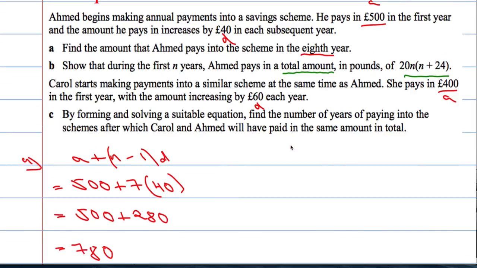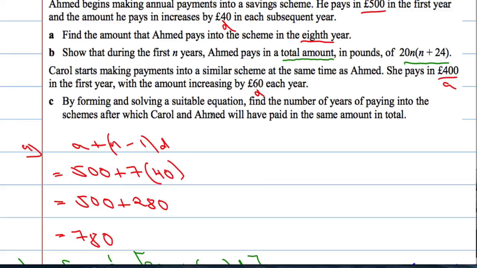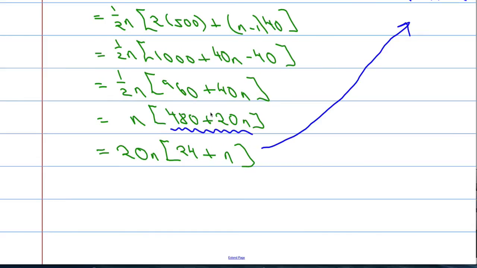Okay, so what we're going to have to do here now is actually work out what the sum of Carol's series would be like. So a is 400 and d is 60. So this is part c now. a equals 400 and d equals 60.